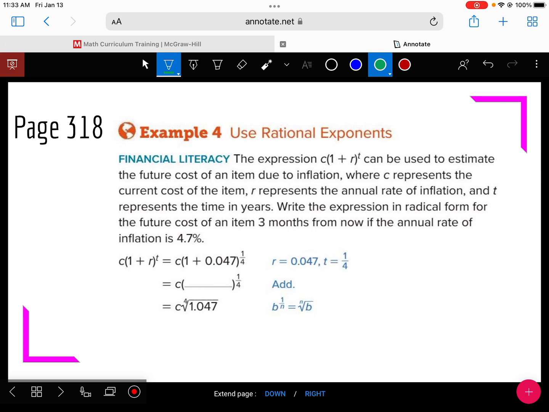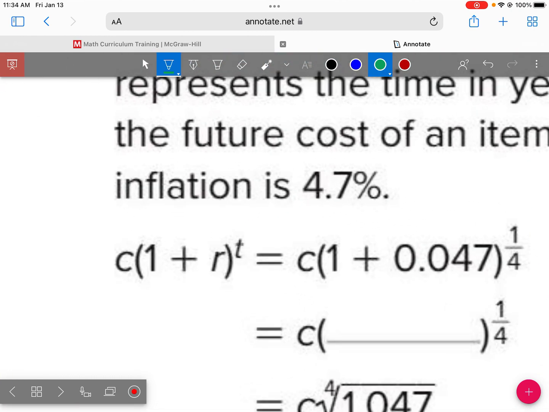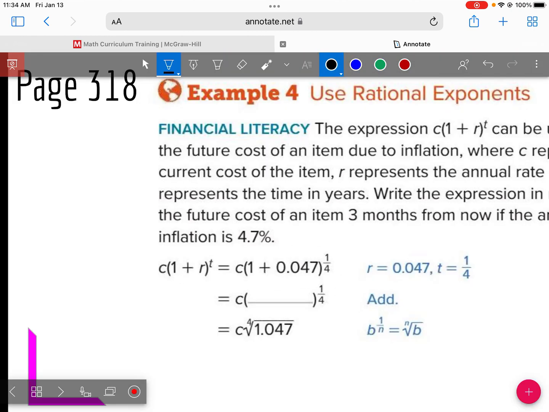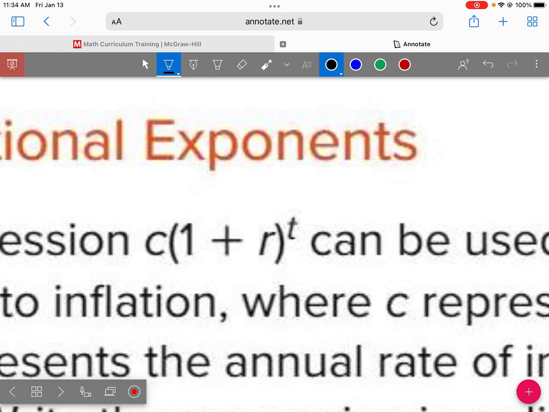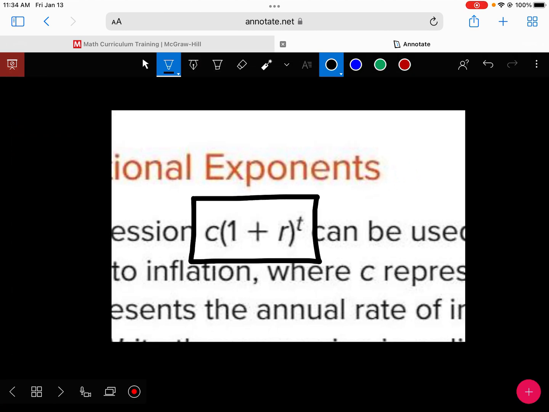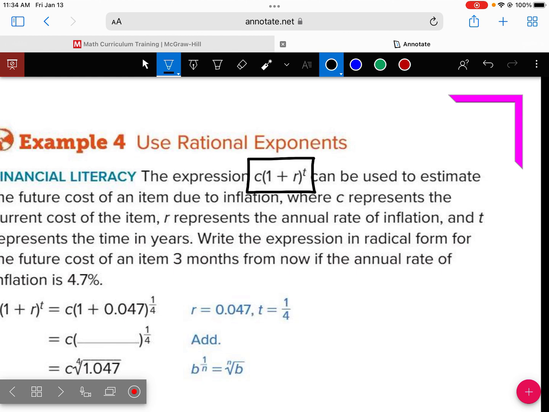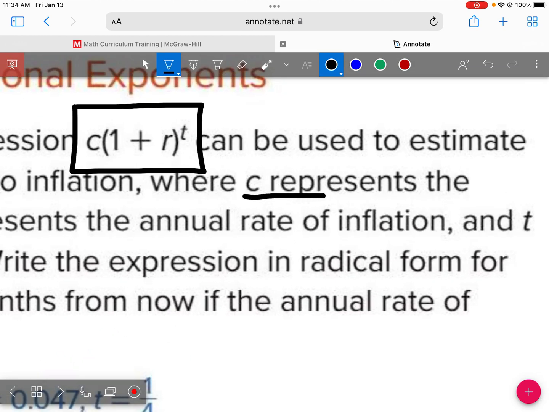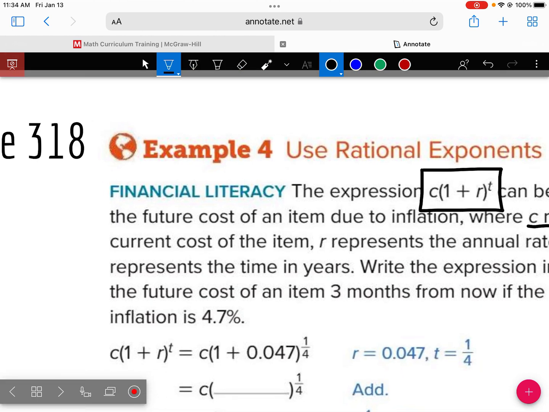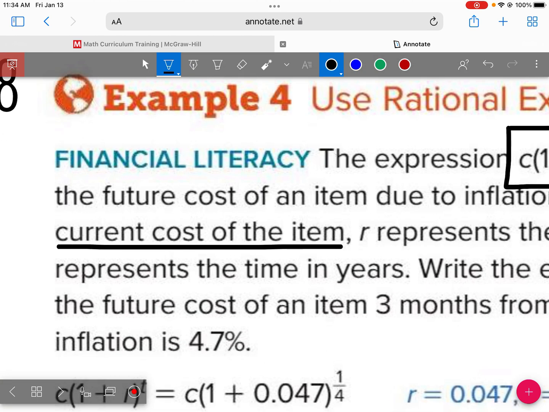They've filled in most of these spaces for us, but I want to show us what the important parts are, even though they've filled them in for us. The expression C equals 1 plus RT can be used to estimate the future cost of an item due to inflation. C represents the current cost of the item.